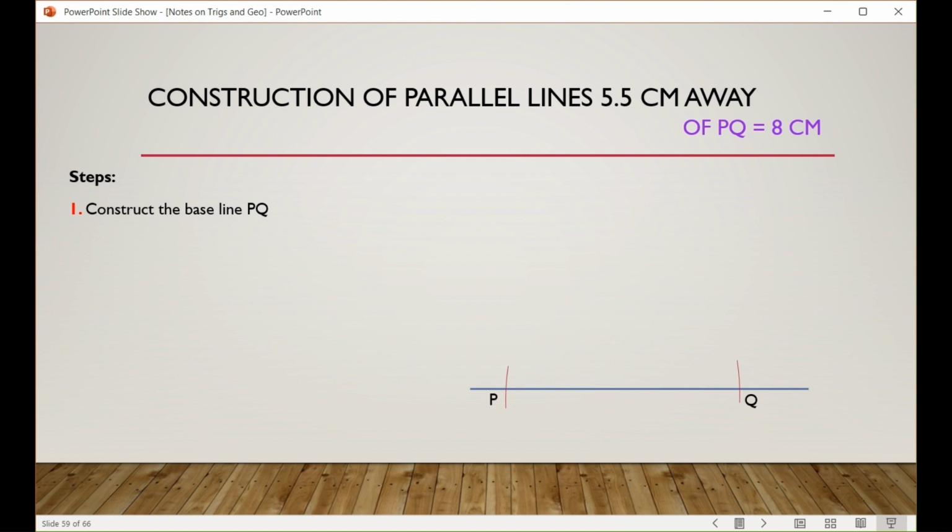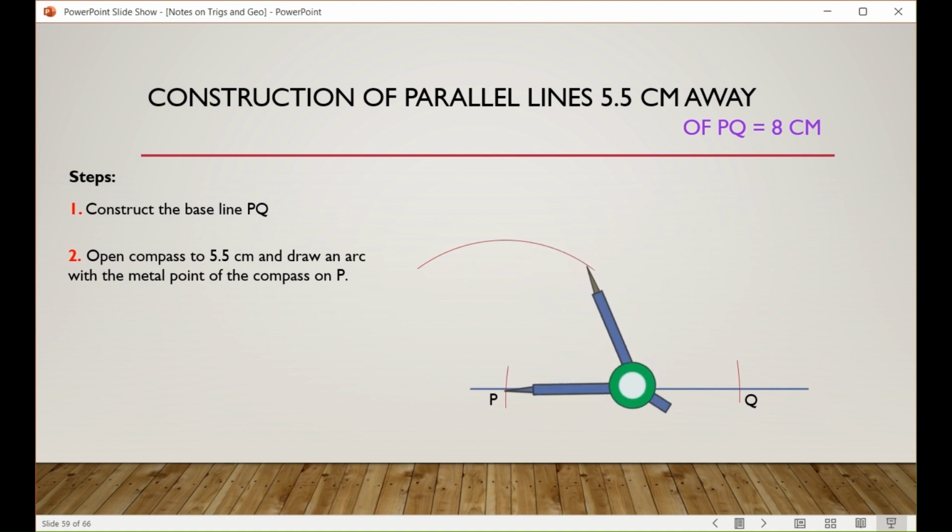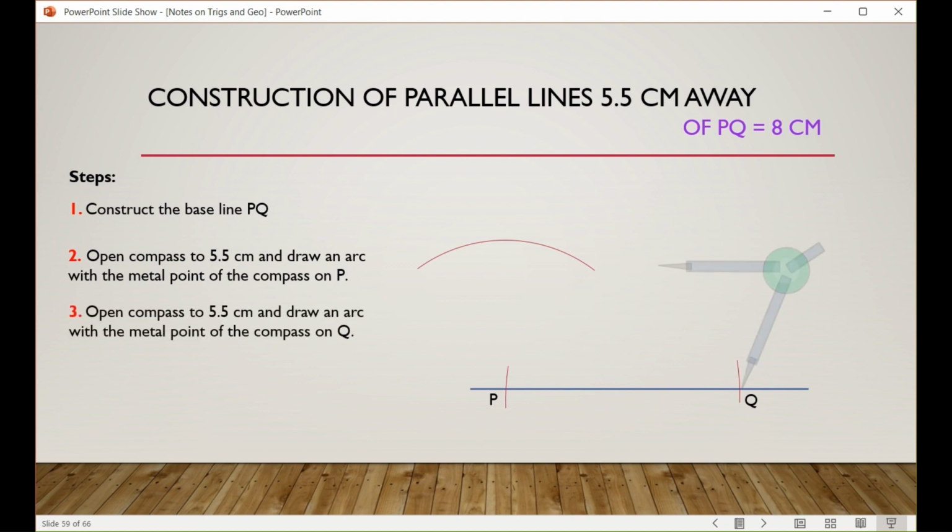I'm just trying to use our compass here. Then we open our compass to 5.5 centimeters and just draw an arc. Remember, our metal point would be on P, and all we're doing is just drawing an arc from P. We can do the same thing at Q, where we rest our point there, and we draw an arc as well. And all we do now is draw a tangent to both arcs.